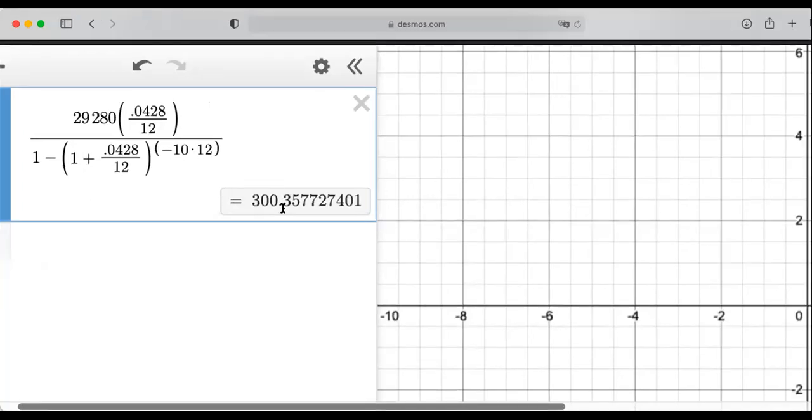So I get 300.36. So the only thing I had to change was the starting amount. This is the amount that we're going to have to pay because we earned that interest over those 4 years. And so you can see that our monthly payment went up by about $50.